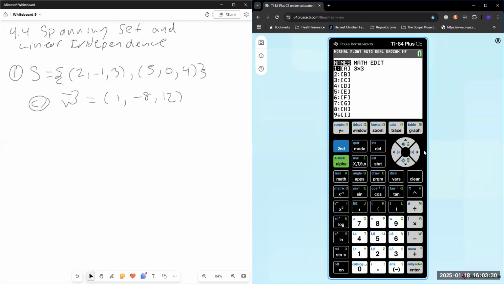Second matrix, edit, and we want this to be 1, this to be -8, that to be 12.